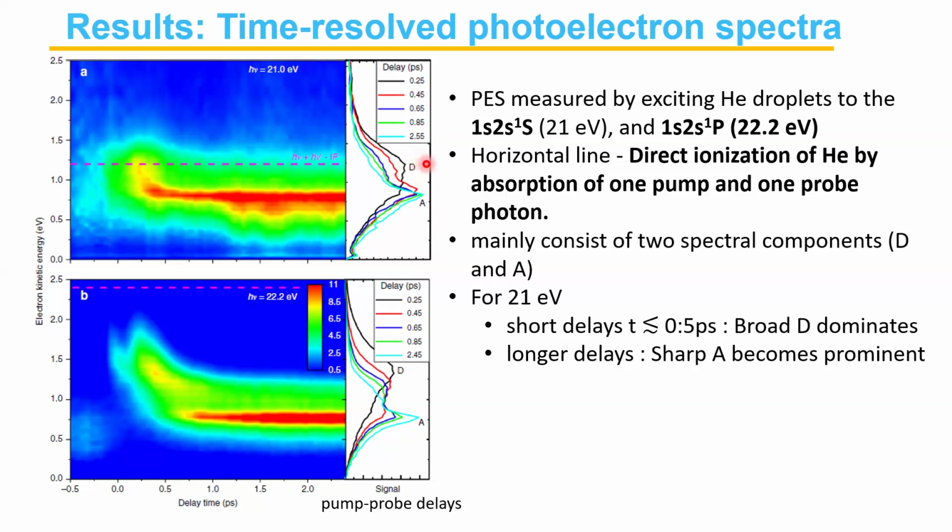But in the case of delays like 0.65, 0.85, and 2.55, it is showing a sharp peak, and it is dominating. So it shows the time resolved photoelectron spectra. And further, can you go to the next slide?